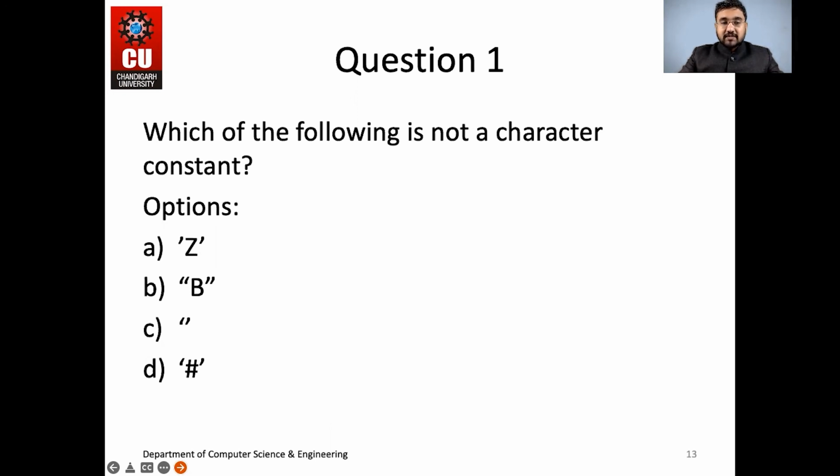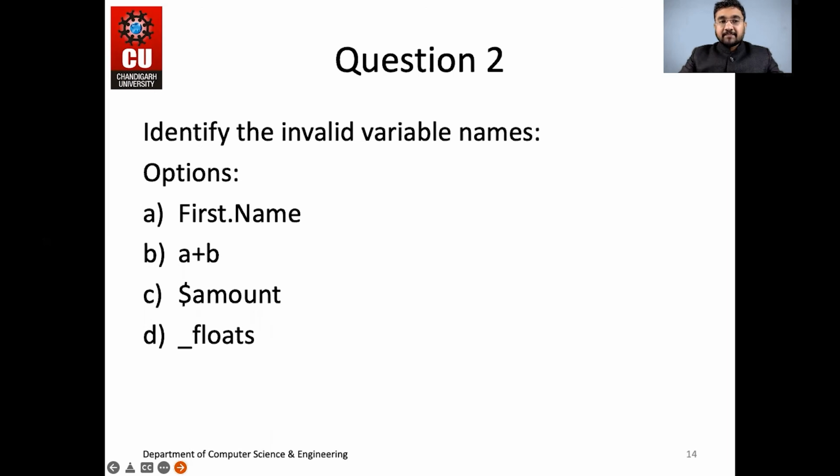Pick which of the following is not a character constant. So you need to remember how we mention the character constants, right? I hope you remember which option does not follow the rules to define the character constants. It's a very easy one.